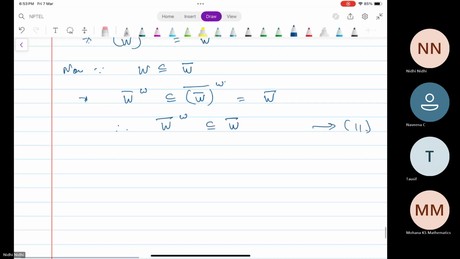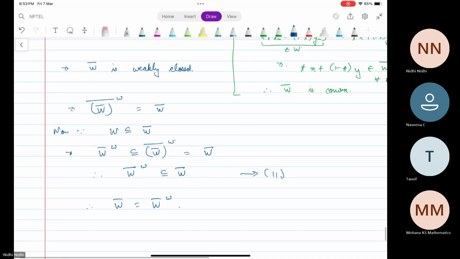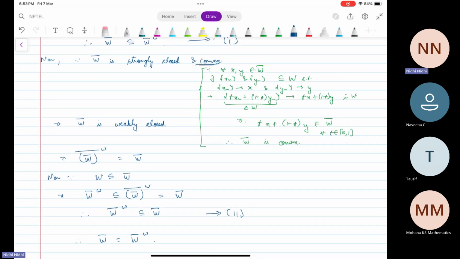Therefore, weak closure is equal to strong closure. So I hope this is fine.